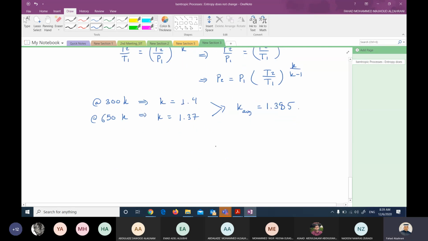That's it. So P2 equals P1, which is 1 bar, times 650 over 300 to the power 1.385 divided by 1.385 minus 1. And then the final answer is approximately 15.81.